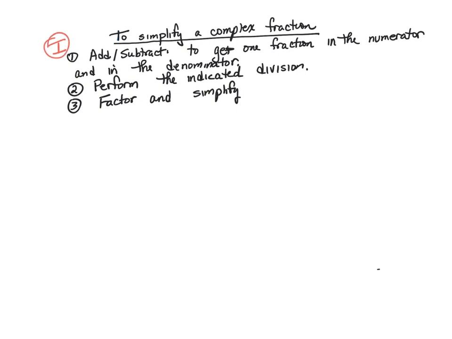Now, method number 2, which is what I'd like to focus on in this video today, is to find the least common denominator of all the fractions within the complex fraction.